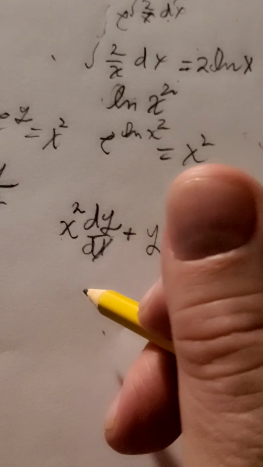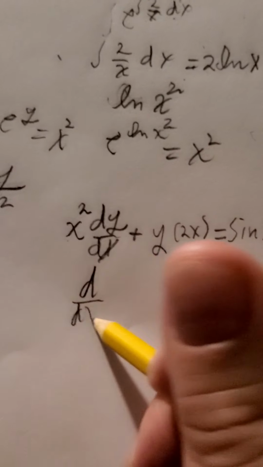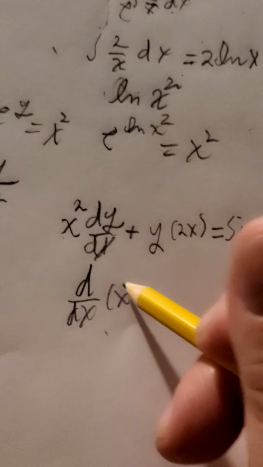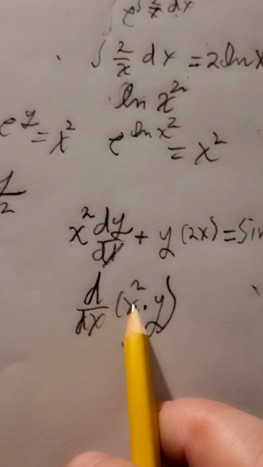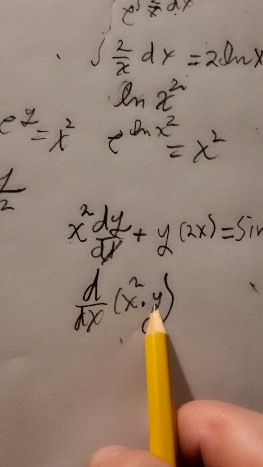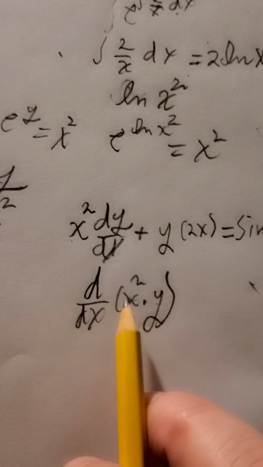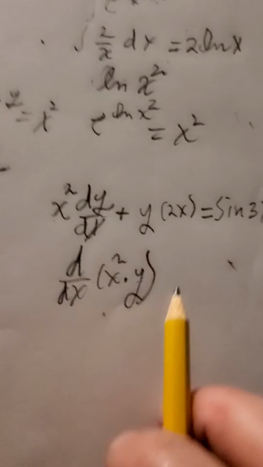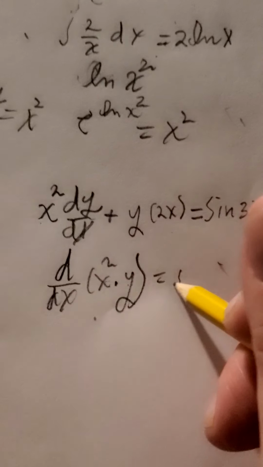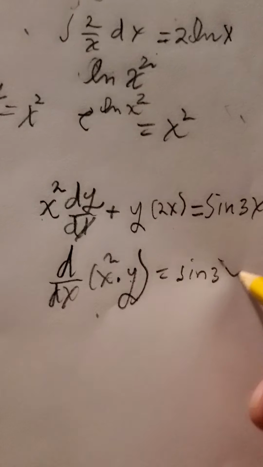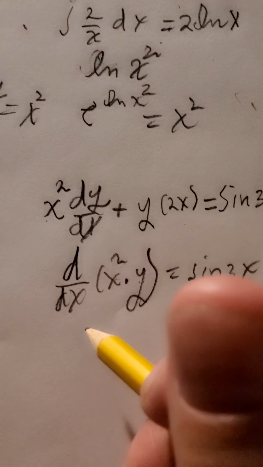So this is the product rule, d/dx of x squared times y: first times the derivative of the second, which is y, plus the second, y, times the derivative of the first, which is 2x, equals sine 3x, right?